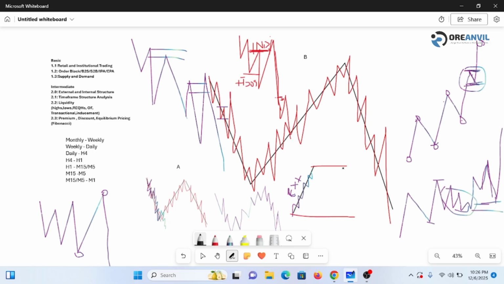Now, where the confusion comes in is when you have your black, this external structure, which is supposed to be your standard structure, does this.